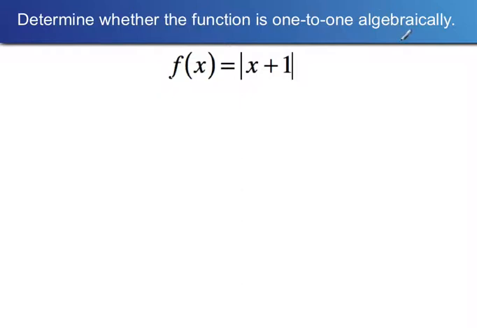So, with that in mind, I'd like to determine whether this is a one-to-one function algebraically. If it's one-to-one, I know that if I have two equal y values, then I must have the exact same x values as my input.